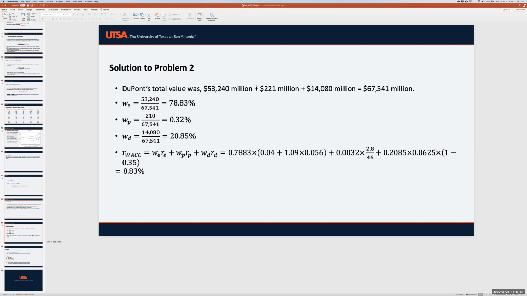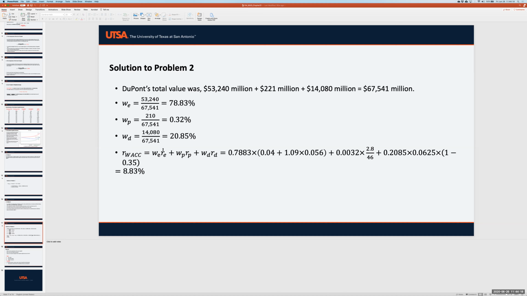So you sum up the debt, common stock, and preferred stock, and you will find 67 billion, and you'll find the weights, and you will use these weights here in the WACC calculation.